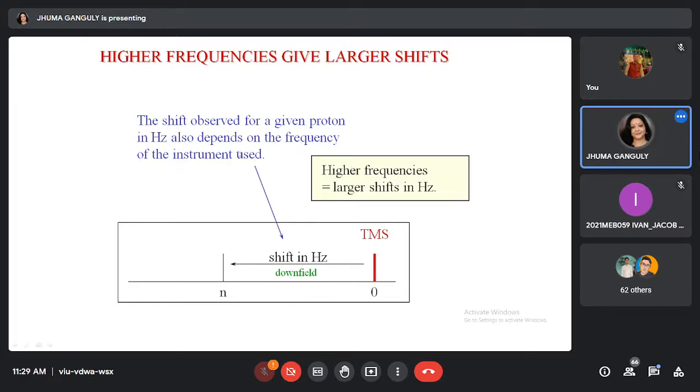I already mentioned this: there is a 60 megahertz instrument, a 120 megahertz instrument, and so on. These are all related to the applied magnetic field. Depending on this, the actual shift will be a little different. But with respect to TMS, we can identify it.